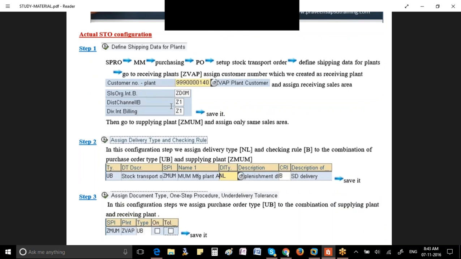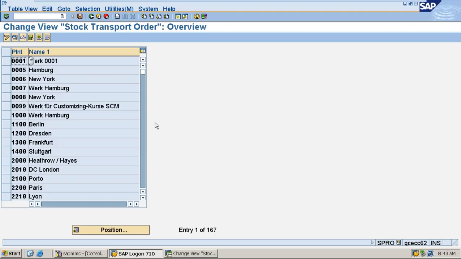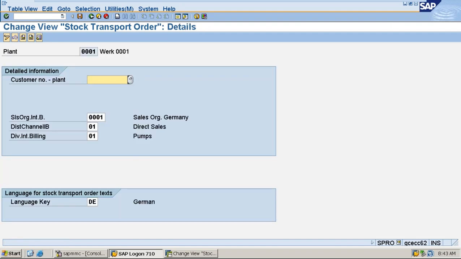So defining the shipping data for plants is the first step now. Select your plant. I'm just going with the standard one, but go to the details. You see here the customer number of the plant. For the supplying sales area, you already created the receiving plant as a customer, right? Mention that customer number here.